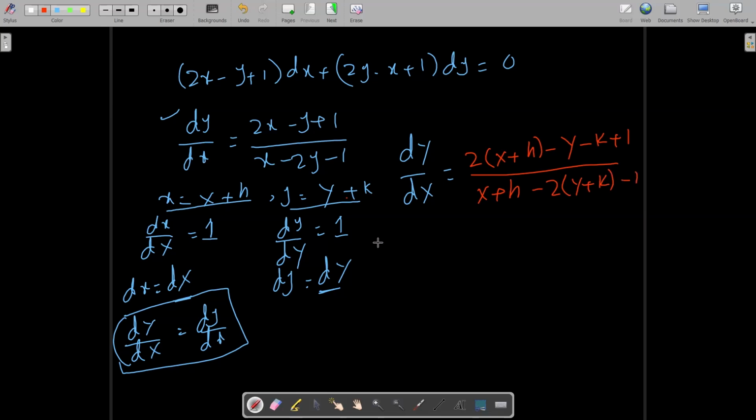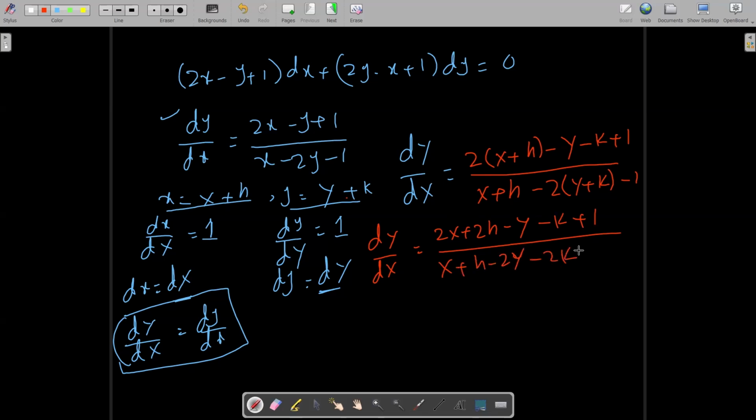Okay, what's the next step? We have to simplify the top and bottom. Multiply 2 inside the parentheses: 2X plus 2h minus Y minus k plus 1 over X plus h minus 2Y minus 2k minus 1. So dY by dX equals, we have to combine X values and isolate the constant terms like h, k, and 1.